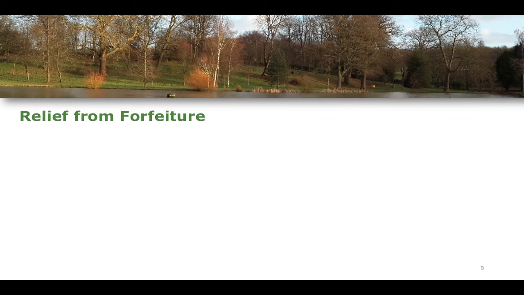So given all these facts, you might think that this is seemingly particularly strong in terms of the kind of power that a landlord may have over a tenant, and in some circumstances it is. However, there is relief from forfeiture.